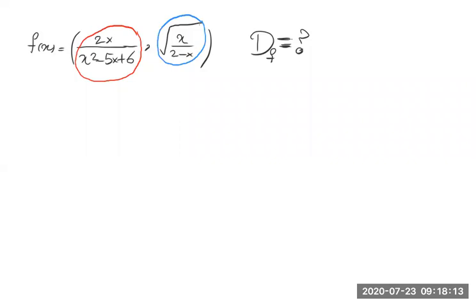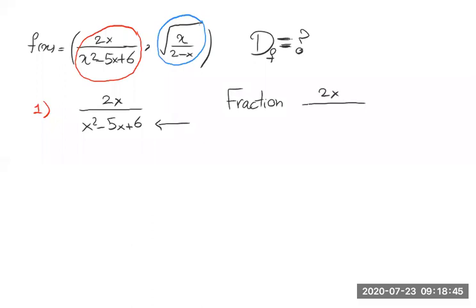So let's start with the first function. The idea is that this function is defined when the denominator is non-zero. The bad case, where the function is not defined, is where the denominator is 0. Whenever you have a fraction like this and you want to compute the domain, you should look at the denominator, here we have 2x in the numerator, and say the denominator should be non-zero, because we can't divide by 0.